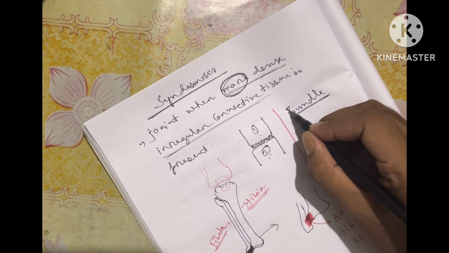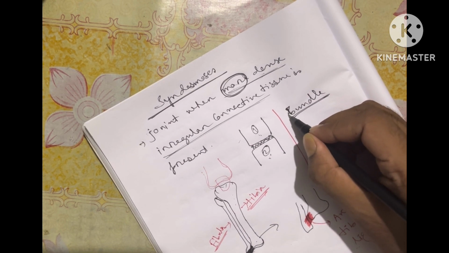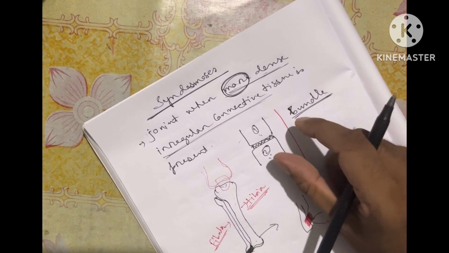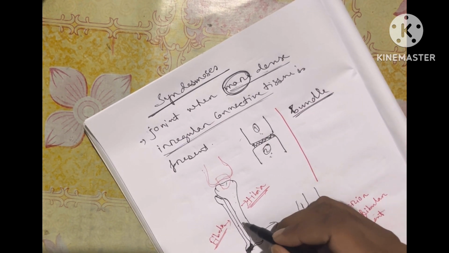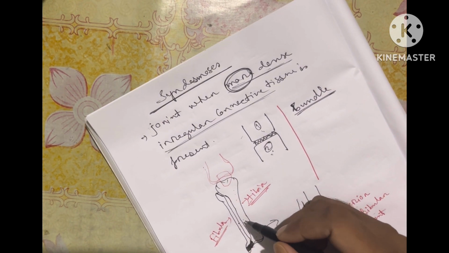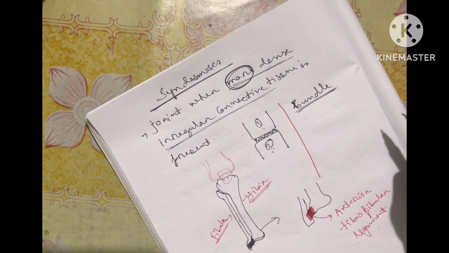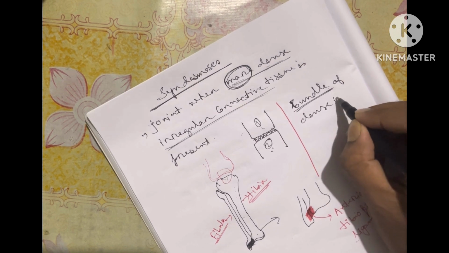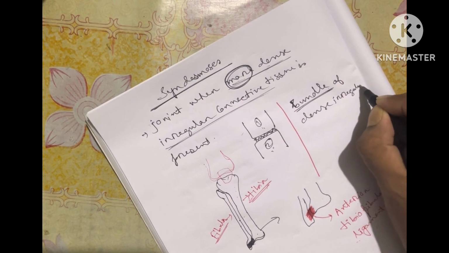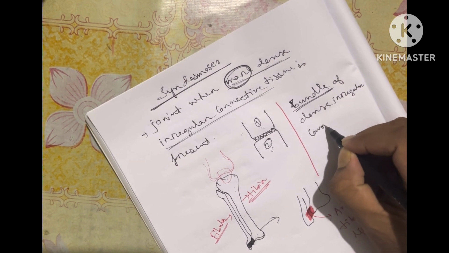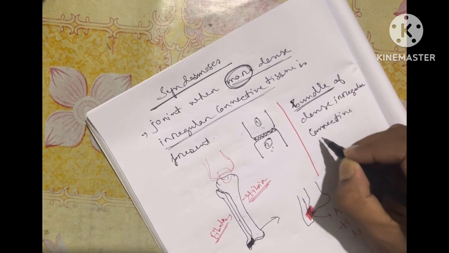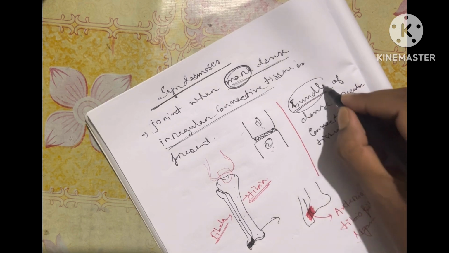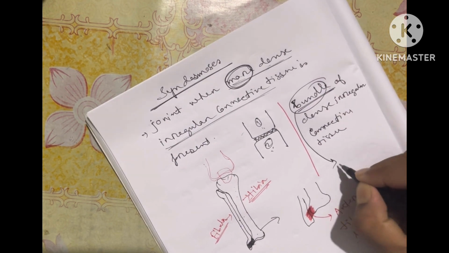So in case of sutures, there is no bundle, only a thin layer of dense irregular connective tissue is present which connects both the articulating bones. But in case of syndesmosis, both the bones are connected by a bundle of dense irregular connective tissue. That bundle is called the ligament.